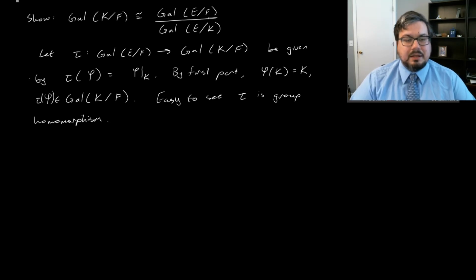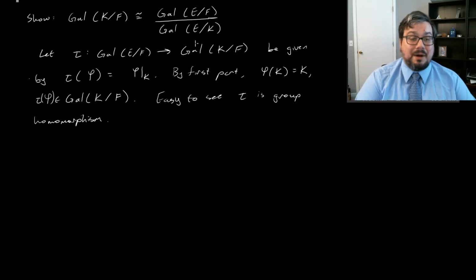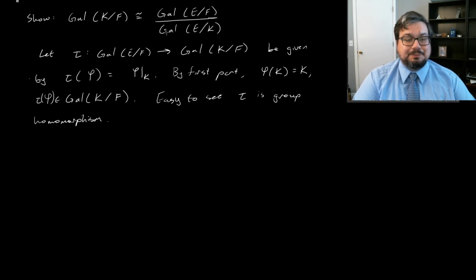So now we want to show that tau is surjective and that its kernel is what we want for the factor group.